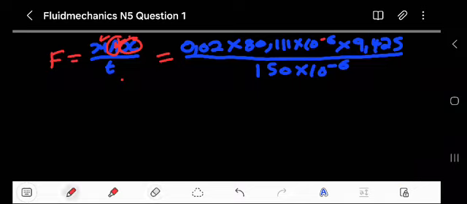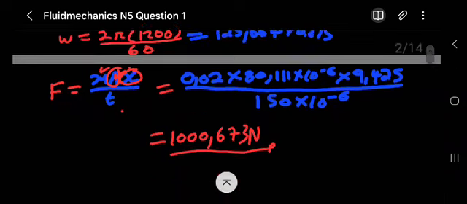Then the force will simply equal 100,673 Newton. We have the force now.